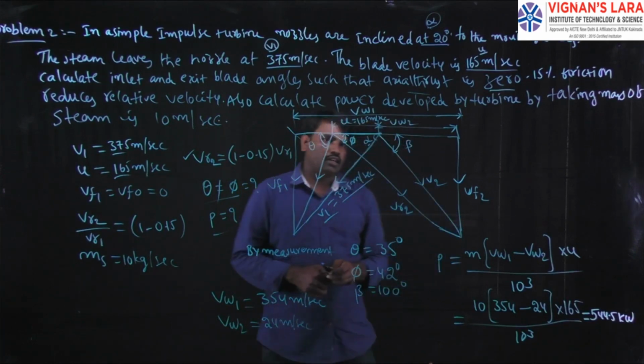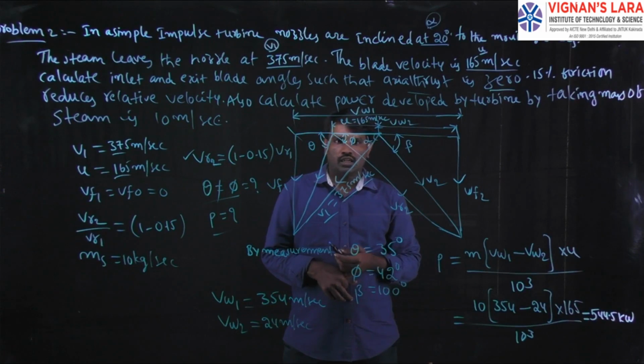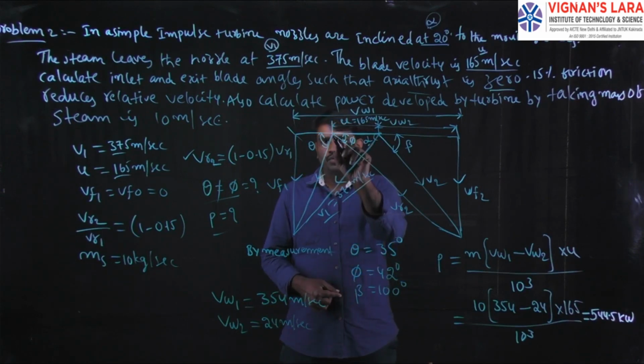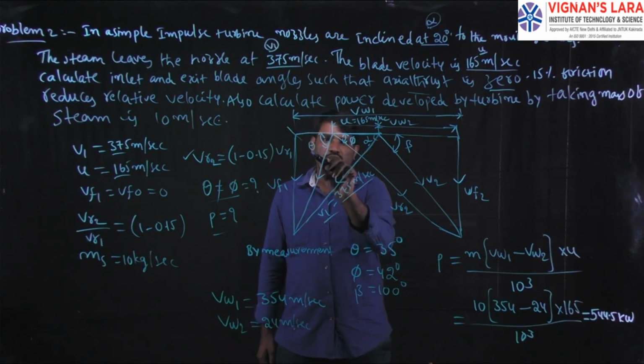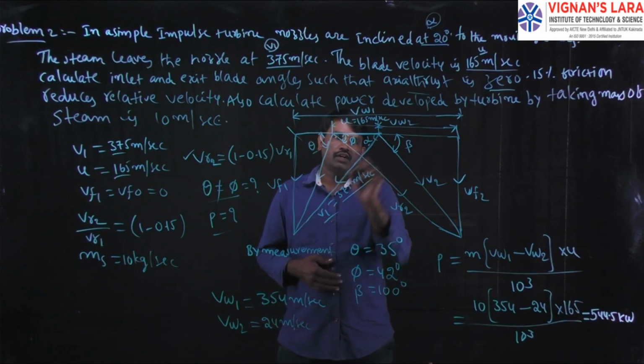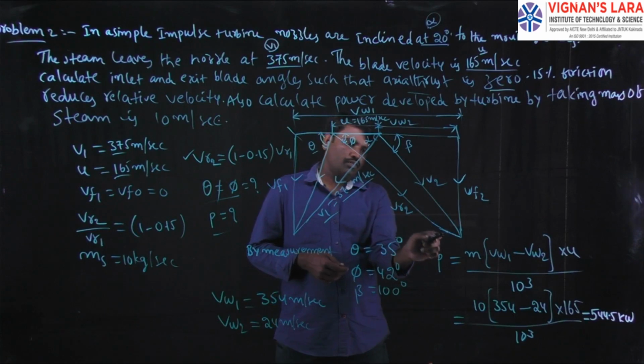Later you have to draw the exit velocity triangle. After completing the inlet velocity triangle, you can easily measure theta and phi values, and VR1. Knowing VR1, you can calculate VR2 and draw the VR2 line.